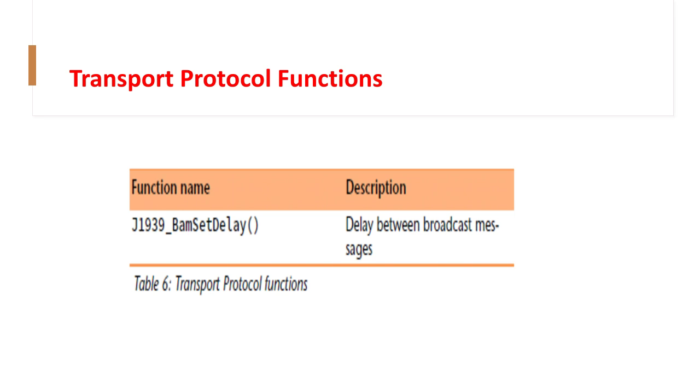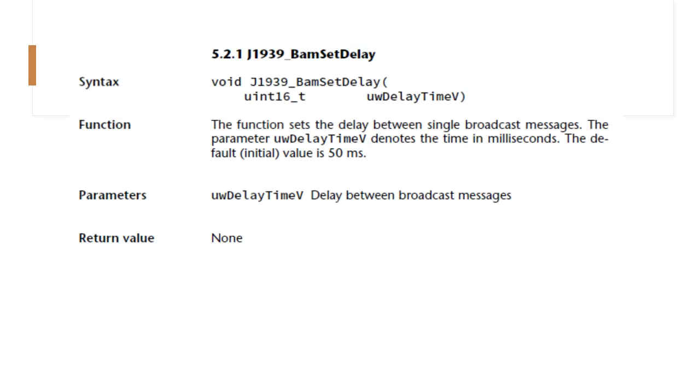Let's see what the syntax of this BAM set delay is, what function it does, what parameters we pass into this function, and what return values it will give. So this is how it is declared: void J1939_BAM_SetDelay takes a parameter called uw_DelayTime_v.